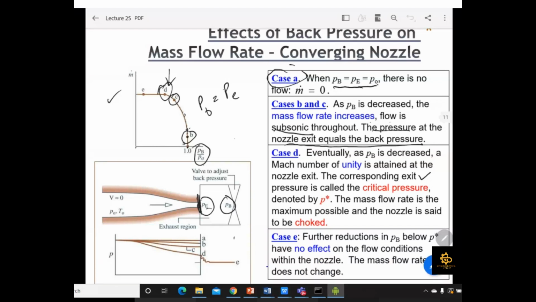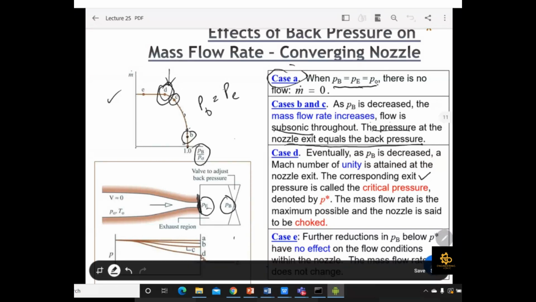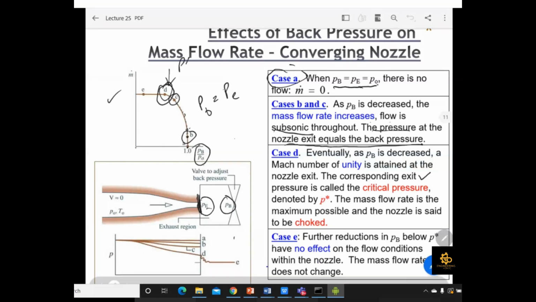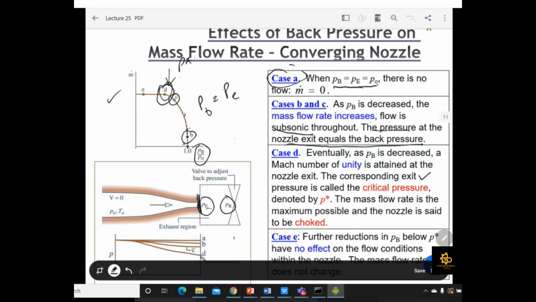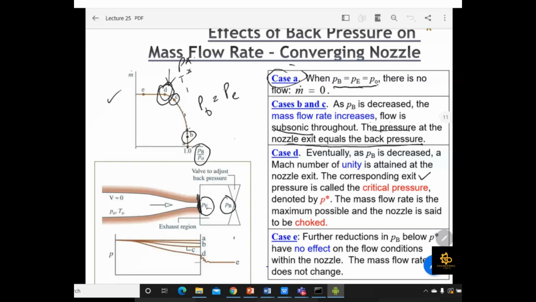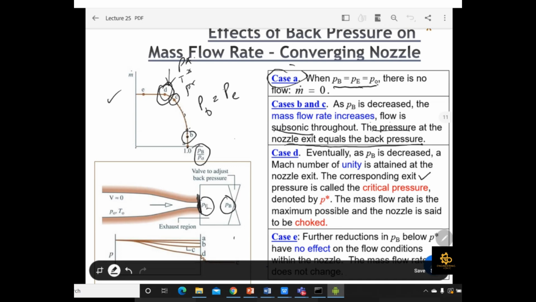Any pressure at the point where the Mach number becomes unity we call the critical pressure, and denote it as P star. Similarly you get the other properties, T star and rho star, at point D. And the mass flow rate is the maximum possible, so at this critical point your mass flow rate is maximum.